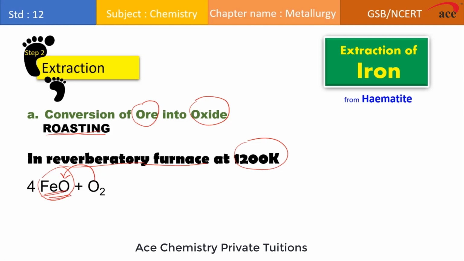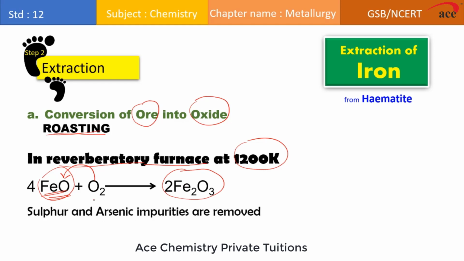This remaining iron oxide gets converted to Fe2O3, and from here we do the next step, that is reduction. Now what is the advantage of this process? The remaining FeO gets converted to Fe2O3, and the impurities sulfur and arsenic which are initially present can be removed by forming what? Volatile impurities.